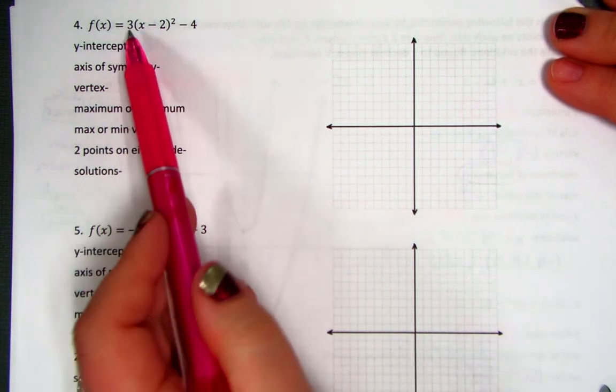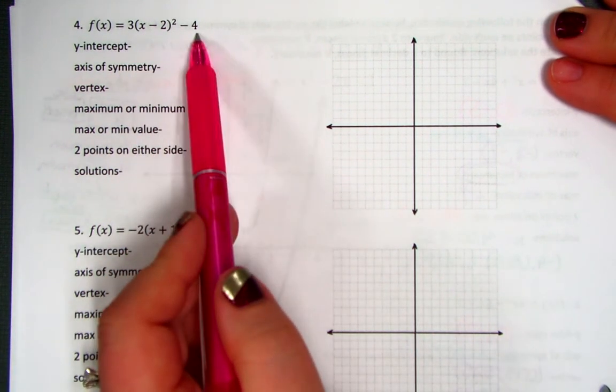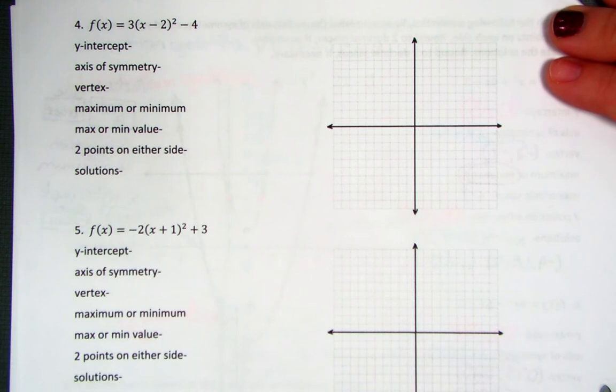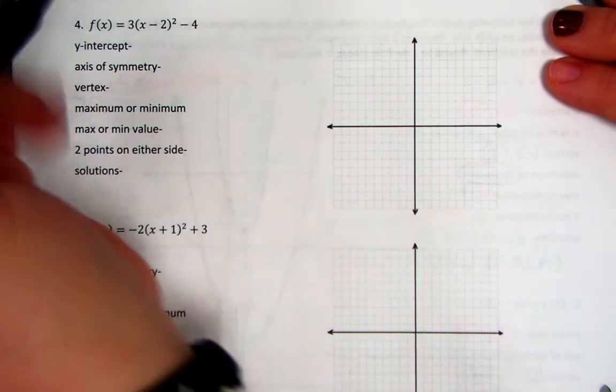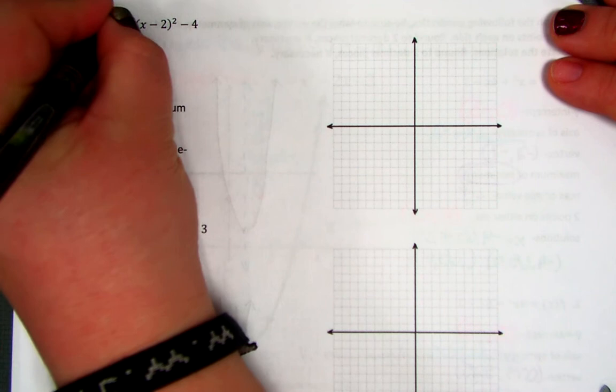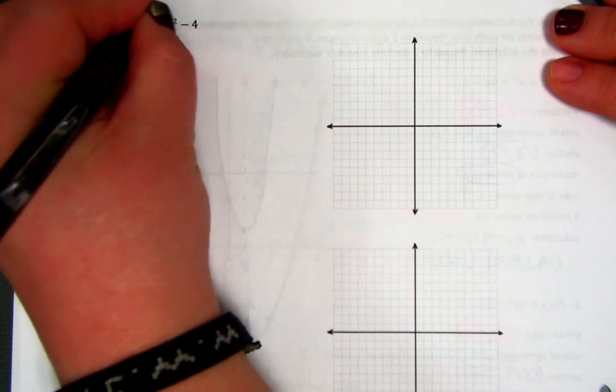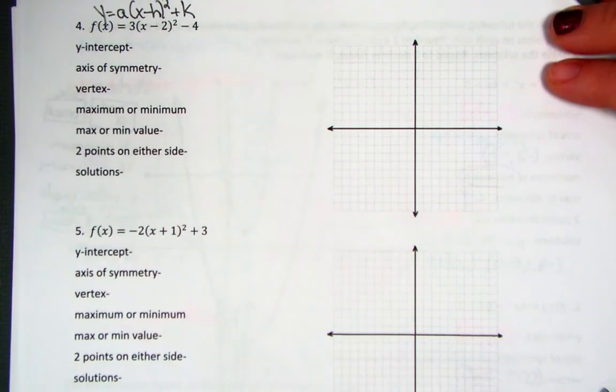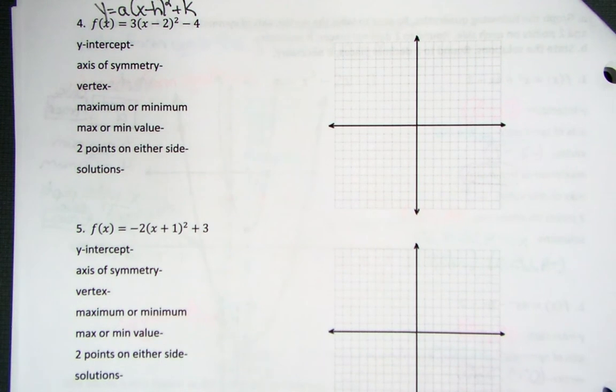So when it's written in vertex form, there'll only be one x value, there'll be parentheses raised to a power. Remember that vertex form is y equals a(x minus h) squared plus k. So we can identify the vertex straight from looking at our equation.